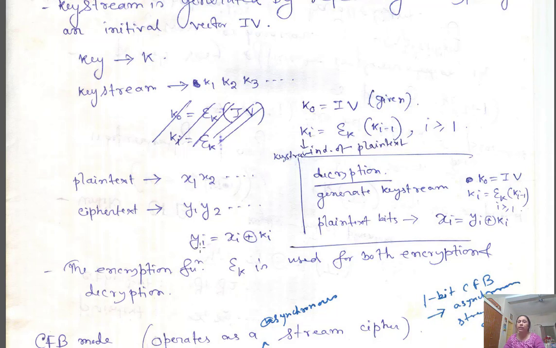He simply XORs Ki with Yi and gets back Xi. Ki is XORed two times here, so it nullifies and Xi you get. All this is XOR, so modulo 2 operation.